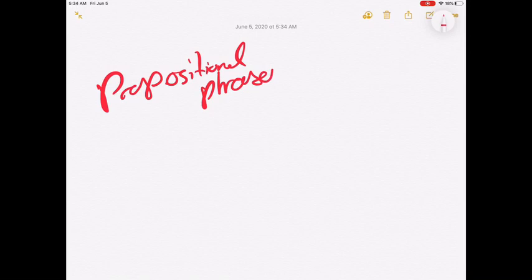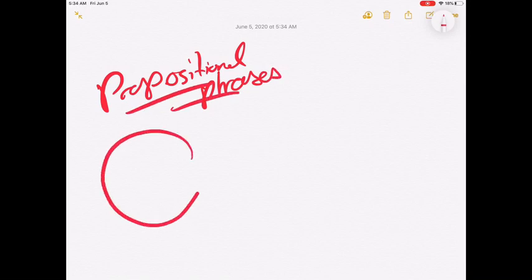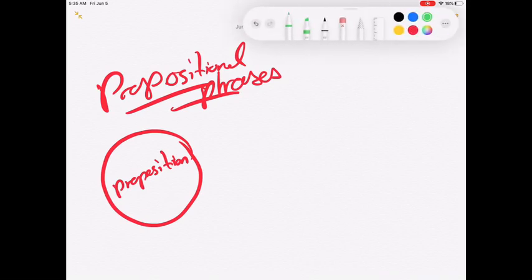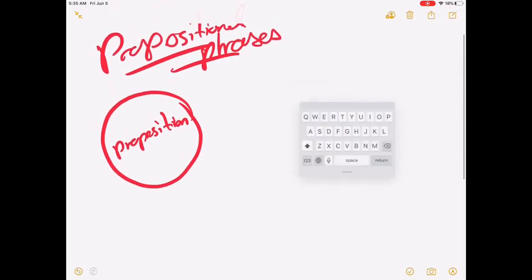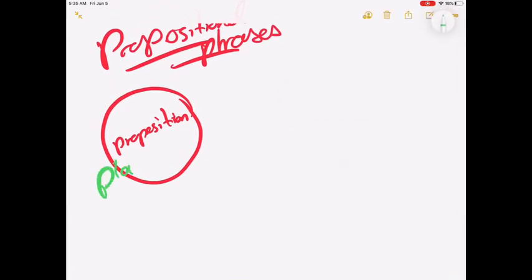Now we're going to talk about prepositional phrases. As the name implies, these phrases start with a preposition. There's a very large list of prepositions, and I've given you a previous list, if you remember, but usually prepositions give us an idea about place or direction.